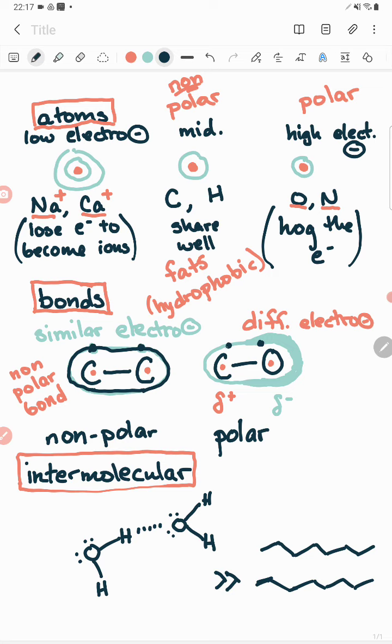What's going to happen is the electrons will spend a little bit of time around the carbon, but they're going to spend a lot of time around the oxygen. And this is simply a fact because the oxygen's nucleus is much more appealing for these electrons. They're going to be more interested in being near the oxygen because the oxygen's nucleus has more protons in it. It has more of a pull on the electrons than the carbon does.